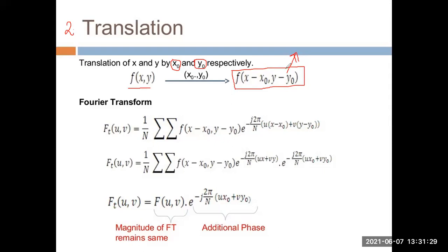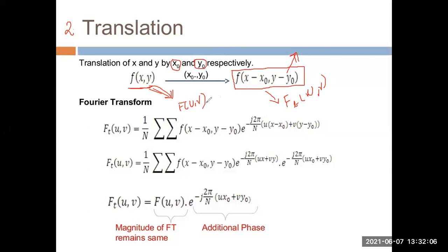Now suppose I write capital F of u, v. Capital F of u, v is nothing but the Fourier transformation of the original image, and capital T of u, v represents the Fourier transformation of the translated image.